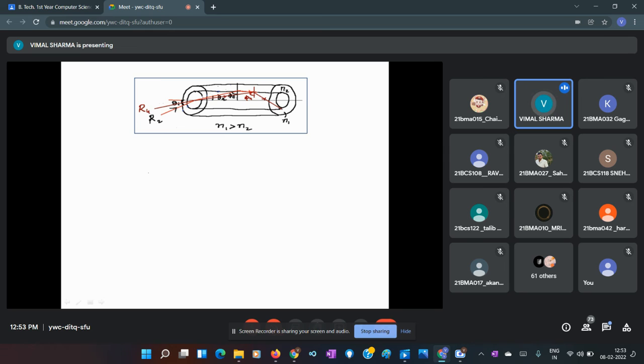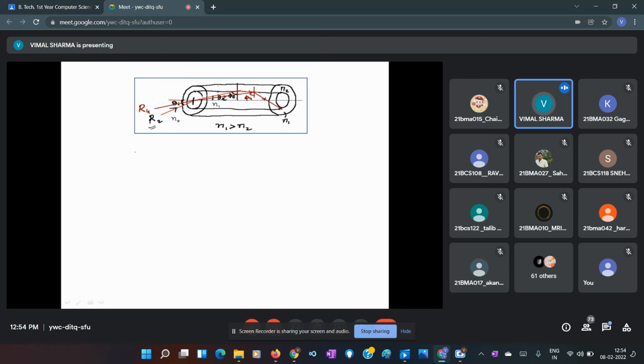Okay, so now focus on this ray, that is R4, which is accepted by the optical fiber and which moves through the optical fiber through multiple successive total internal reflections. I can write Snell's law for this. We can say that when ray 2 strikes the air core interface, there is a change in refractive index from n0 to n1.